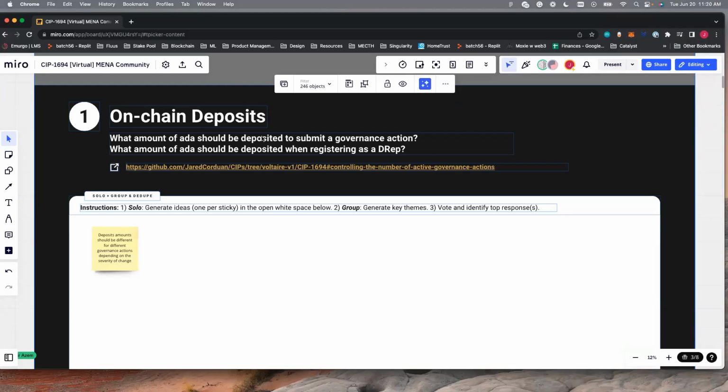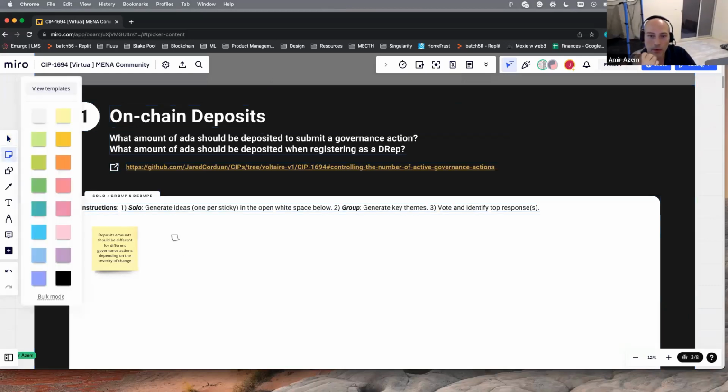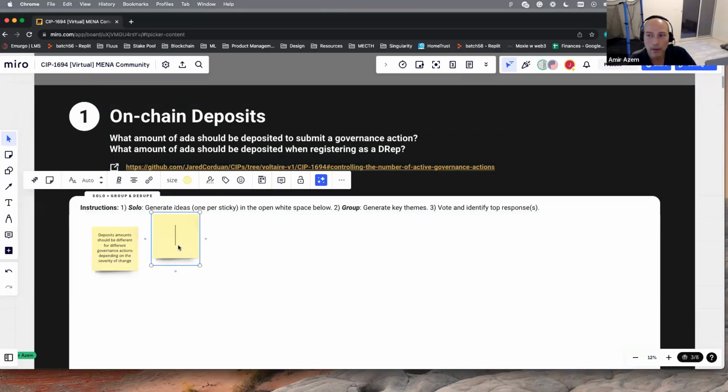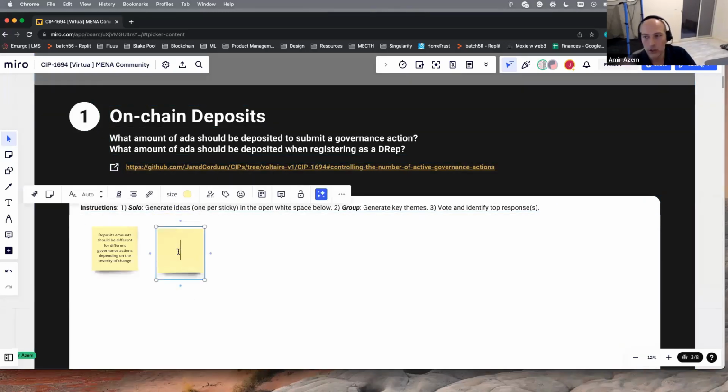Yeah. And so maybe I might look at it a little differently and say, maybe have a smaller deposit. I look at it as very similar to a stake pool. You might have a deposit, but then you might have a pledge that you can change. A deposit is you don't have access anymore to those funds.